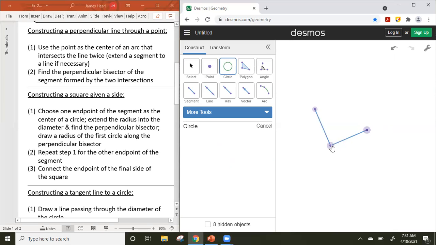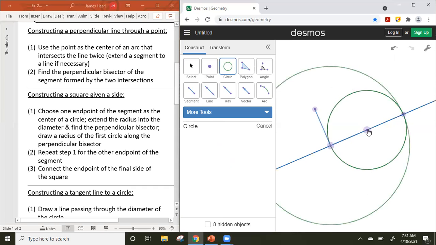So here's a circle. We'll extend it into a diameter. I will find the perpendicular bisector of this diameter. I will drop a line through it so that I know where it is, at which point I know where the part of my square is.